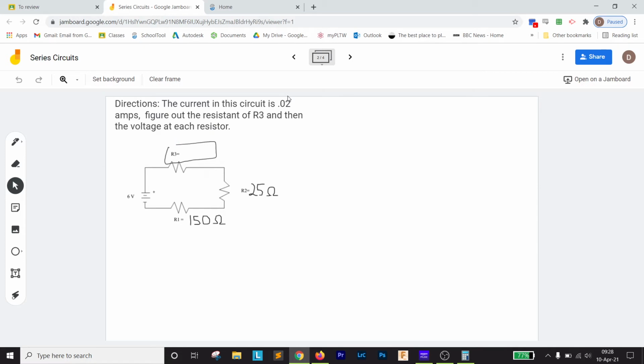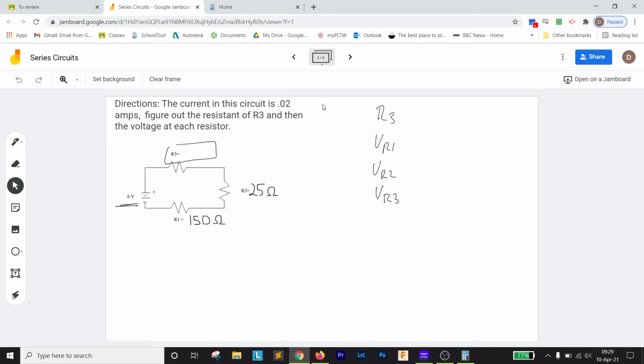So we have the current, so that's amps, right? Because that's current. And we have the voltage over here, so we have that. So we are looking for R3, and we are looking for V at R1, V at R2, and V at R3. That's what's required for this one.